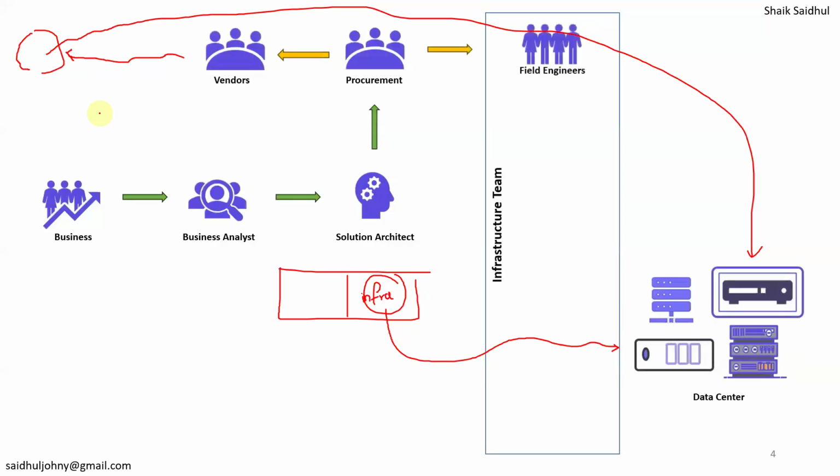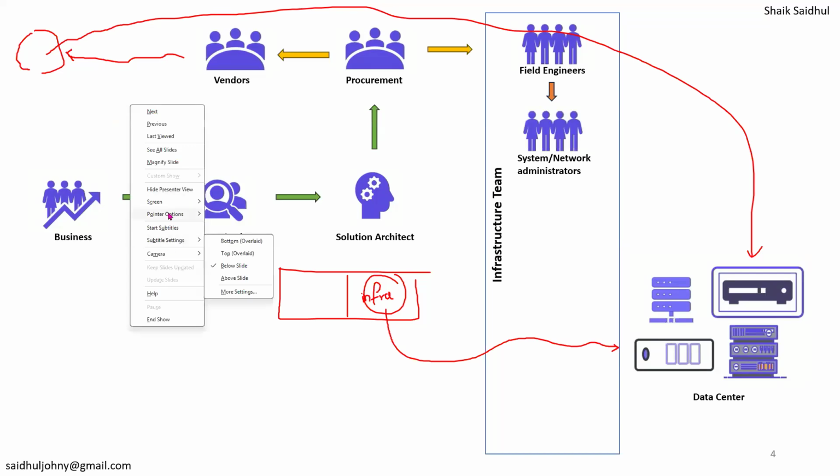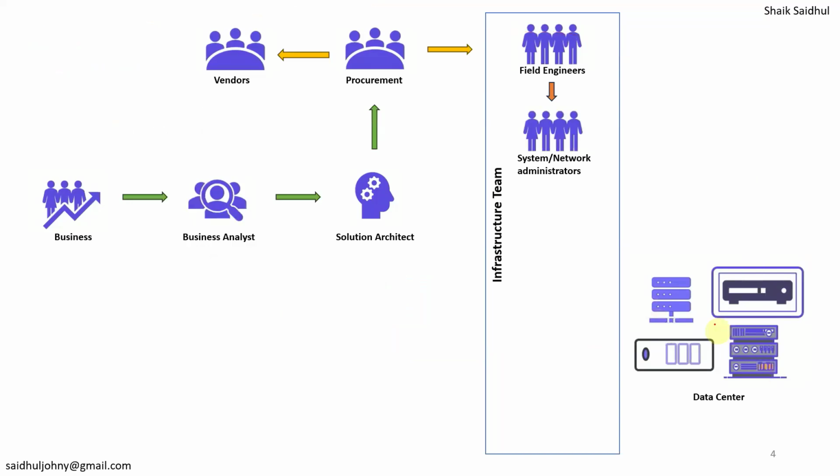Okay. So now you see, the field engineers will take care of the rack and stack of the equipment. Then the system admins will take care of the initial configuration of the system.